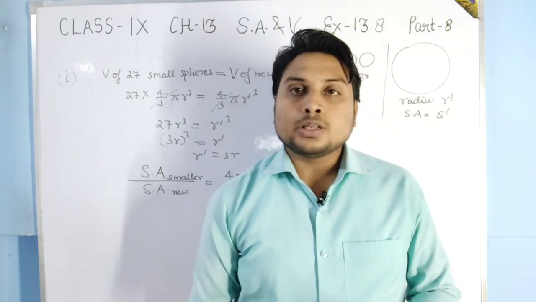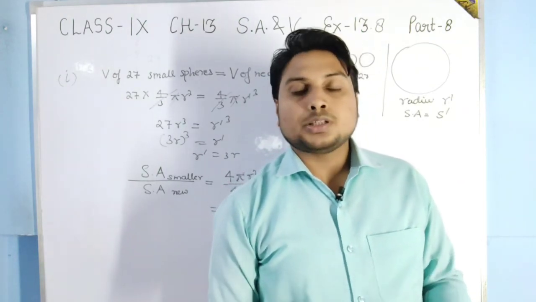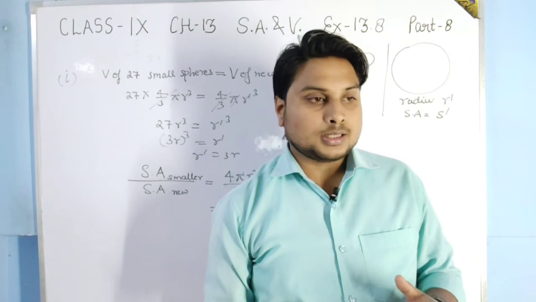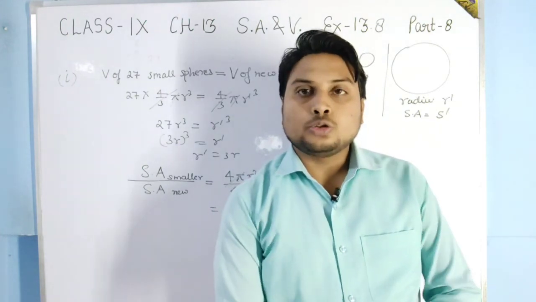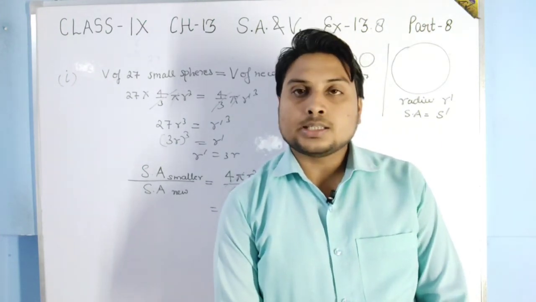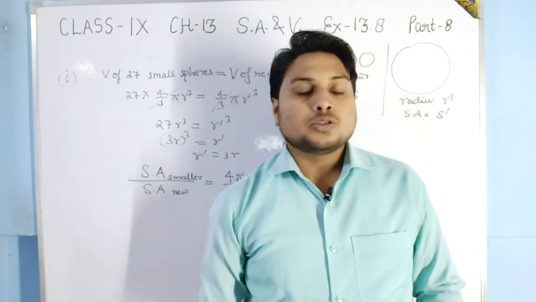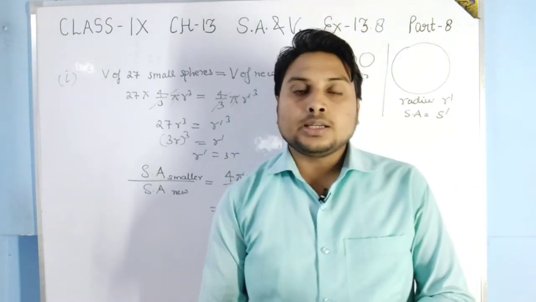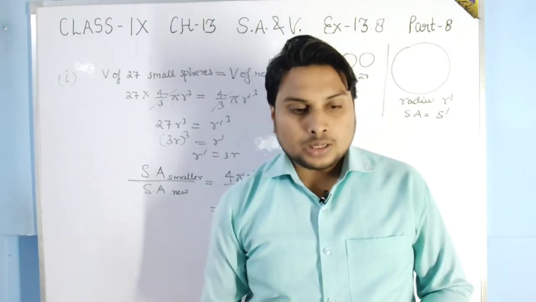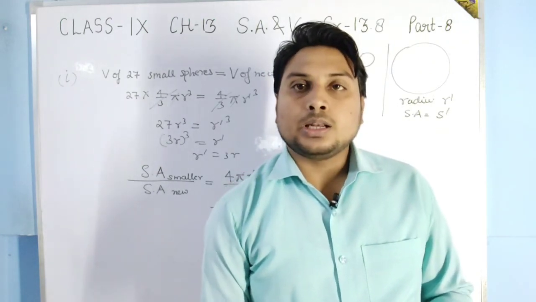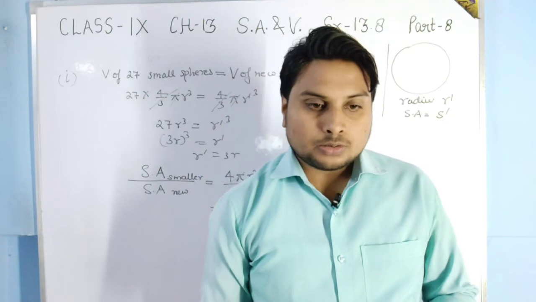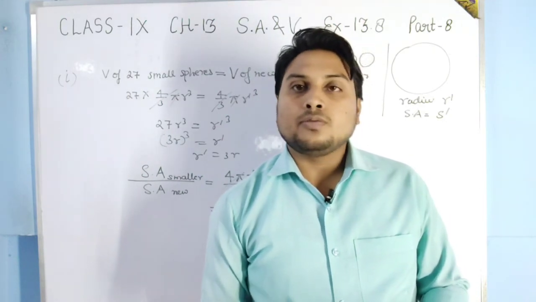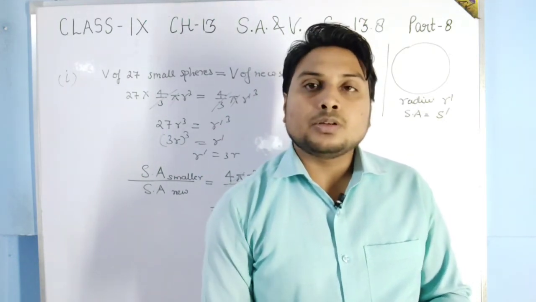Students, from your syllabus, all the chapters are completed and uploaded on this YouTube channel. With the help of these videos, you can understand each and every topic. Only one chapter is left, chapter number 11, Construction. But students, that chapter is one of the easiest chapters in your syllabus.